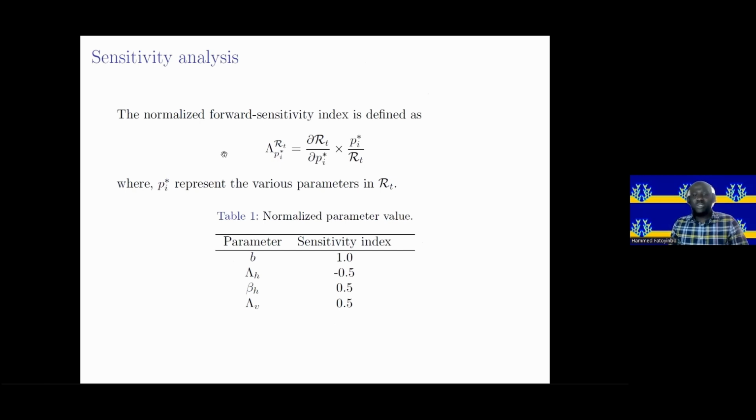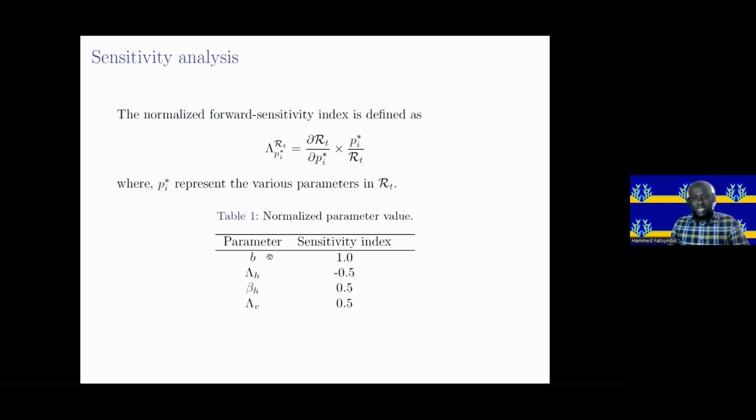Here we look at how each parameter changes with respect to the control reproduction number, RC. This is the formula used to compute the sensitivity index for each of the parameters present in the RT terms, which I showed in the previous slide.